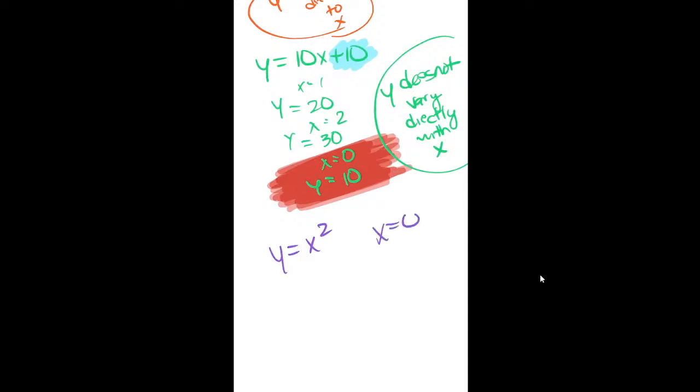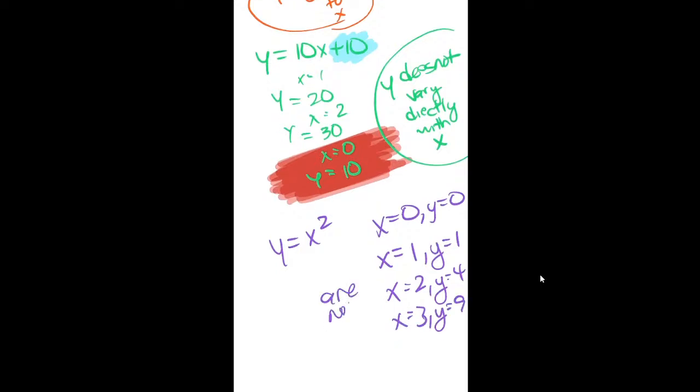If x equals 0, then y would equal 0 for this. But if x equals 1, then y would equal 1. And if x equals 2, then y would equal 4. And if x equals 3, then y would equal 9. These are not increasing by the same amount, even though x is 0 and y is 0.